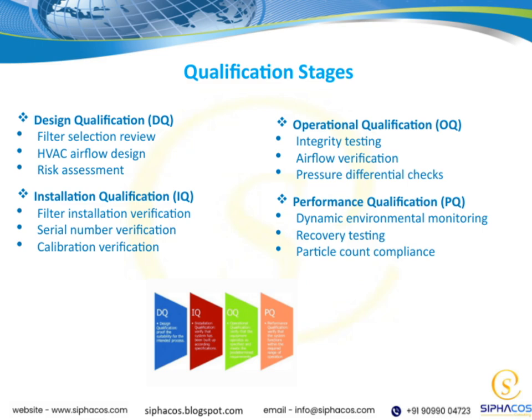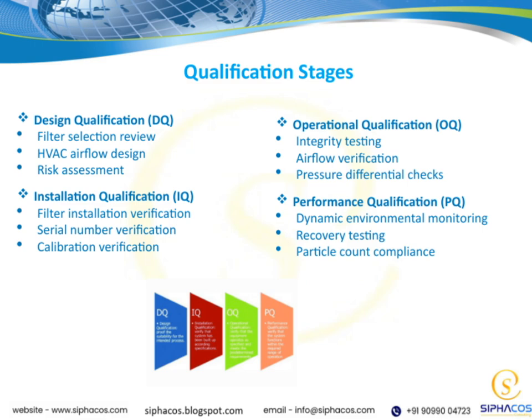Now, let's briefly touch on the qualification stages themselves. Design qualification, or DQ, involves reviewing the design aspects, such as filter selection, HVAC airflow design, and performing risk assessments. This ensures that the initial design meets all necessary requirements before installation begins. Then, there's installation qualification, or IQ, which verifies that all components, like filters, are installed correctly.